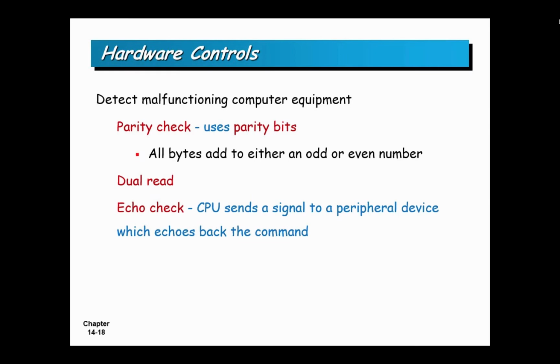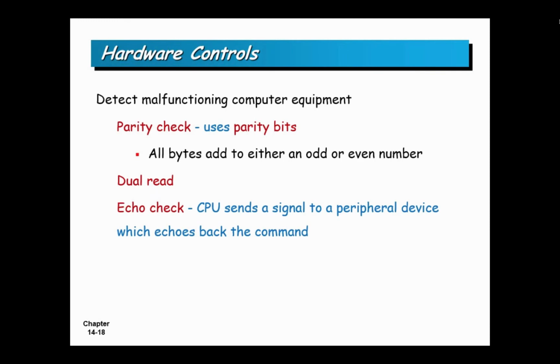Hardware control. Well, we know we've got these little bits and bytes, right? One thing you might have in a hardware control is a parity bit. So a byte has how many bits? 8. One thing you might look for in every byte is that if you added up all 8 bits, they would either be odd or even, it doesn't matter.